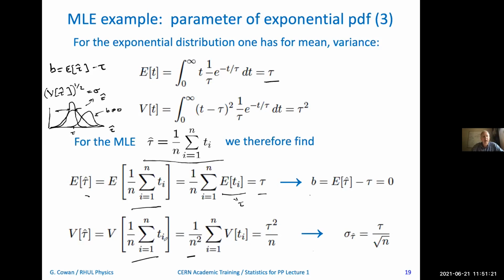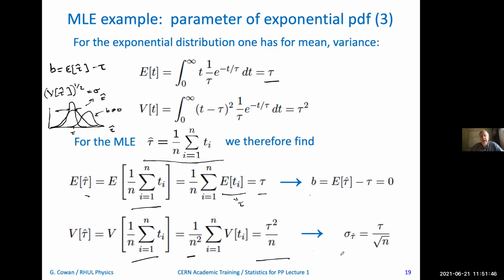And because the t_i's are independent, the variance of the sum is given by the sum of variances, right? The variance of t is equal to tau squared. And so therefore, the variance of tau hat is equal to tau squared over n, right? There's n terms in the sum, so that one factor of n cancels. All right, so that's the variance of tau hat.